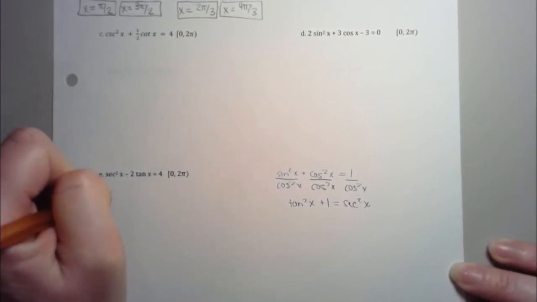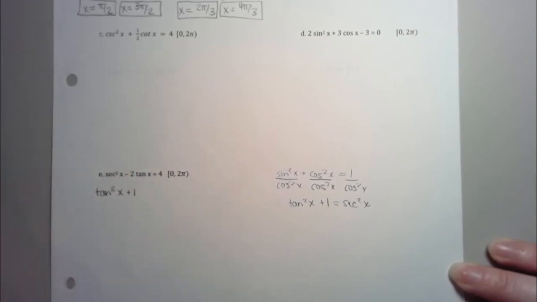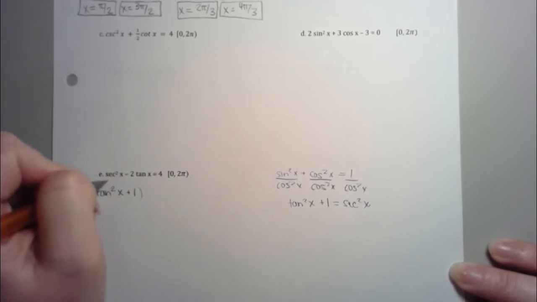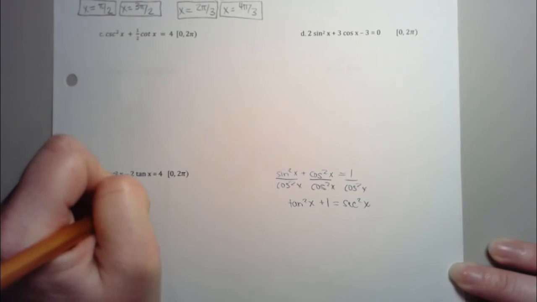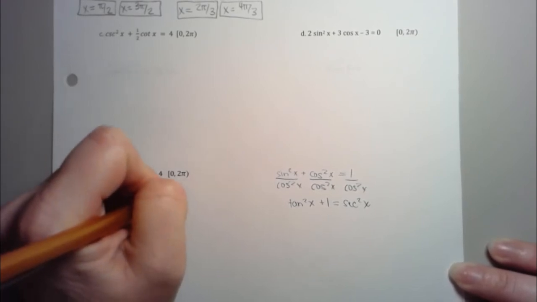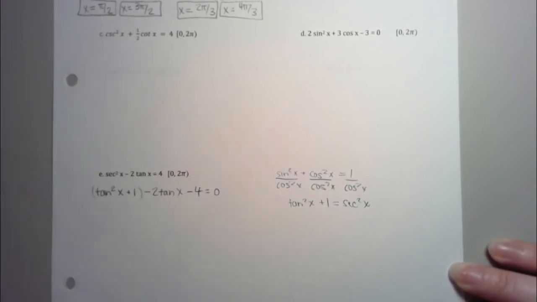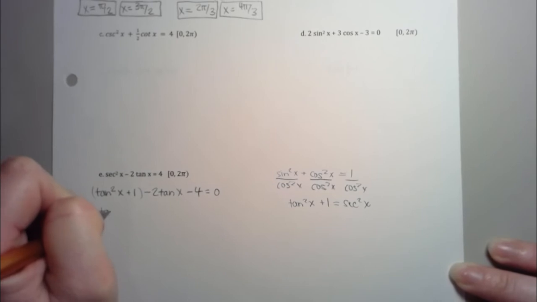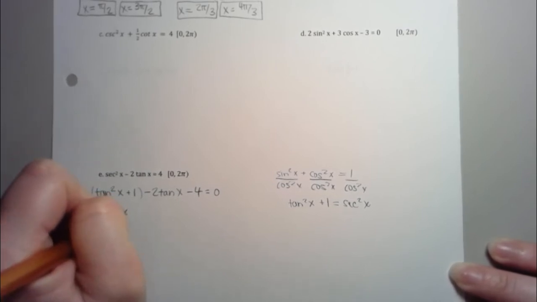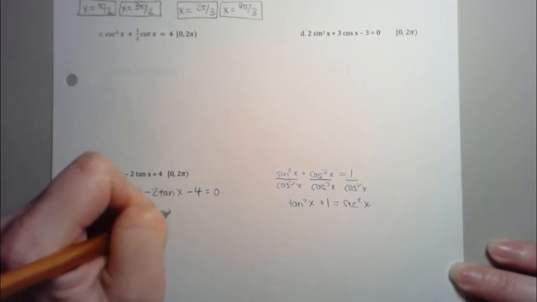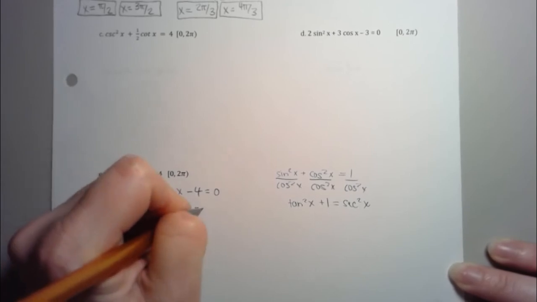So tan squared x plus 1 is being plugged in for secant squared, minus 2 tan x. I'm going to move that 4 over, make it a negative 4, and it's equal to 0. So if I clean this up, I'll have tan squared x minus 2 tan x minus 3.